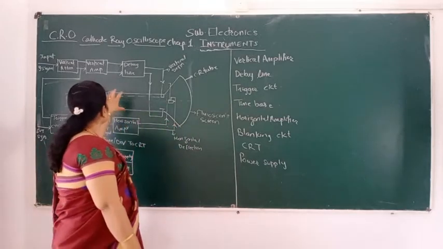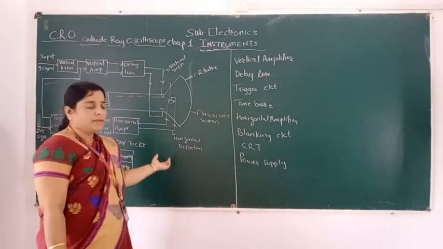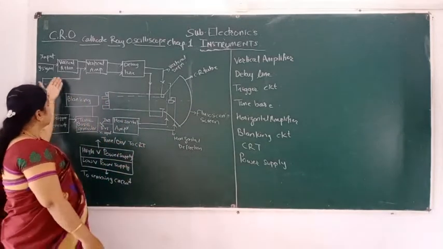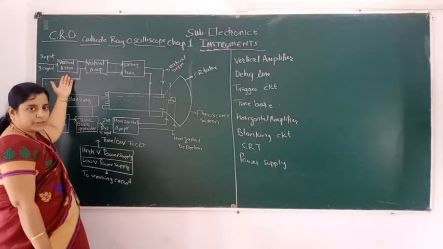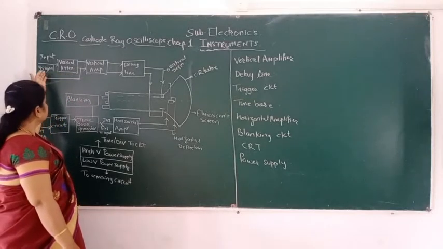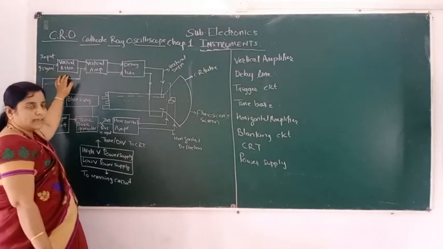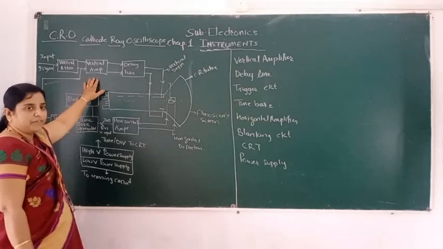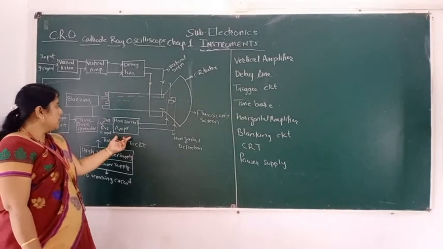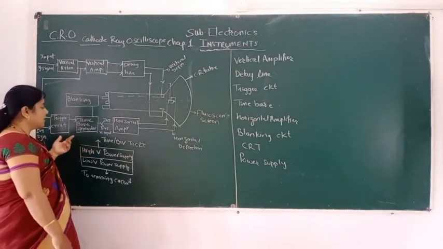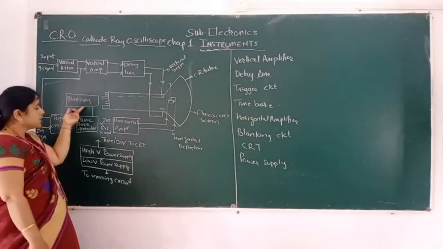So this cathode ray oscilloscope has the following blocks: the vertical attenuation, to which the input is given, then the vertical amplifier, delay line, then horizontal amplifier, time base generator, trigger circuit, and blanking circuit.